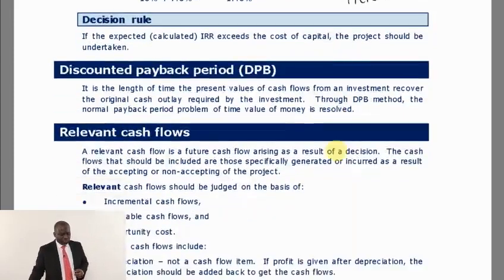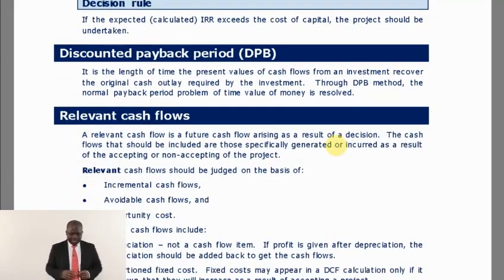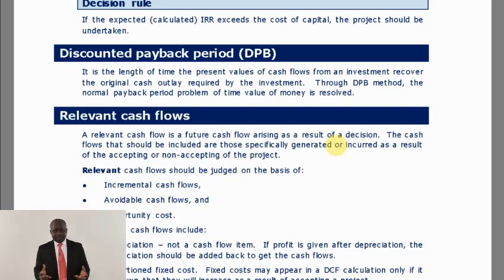Now let's move on to discounted payback period. In your basic financial management, you learned payback period, and payback period was the number of years the cash flows from the project will be able to recover the investment. And that was criticized on the basis that payback period does not consider the time value of money, because we are not discounting the cash flow.